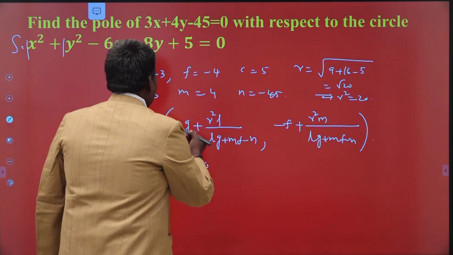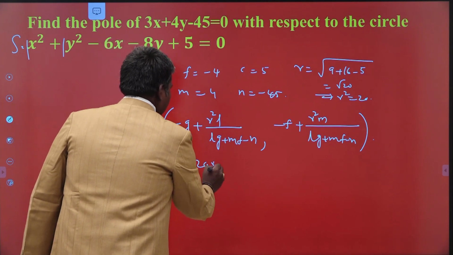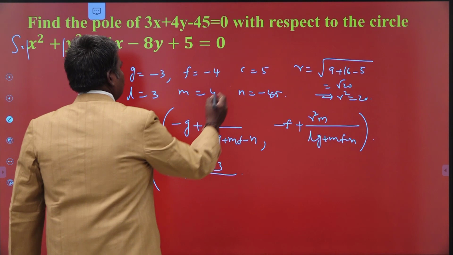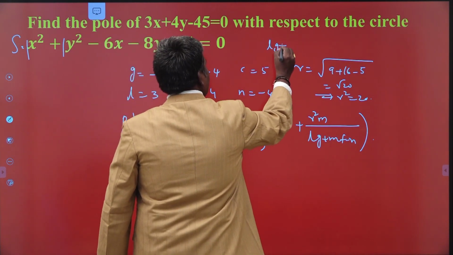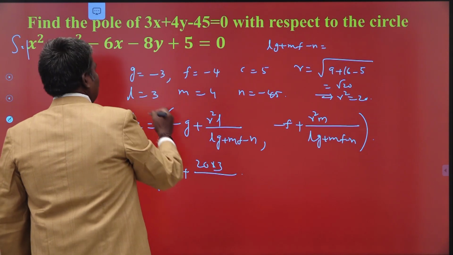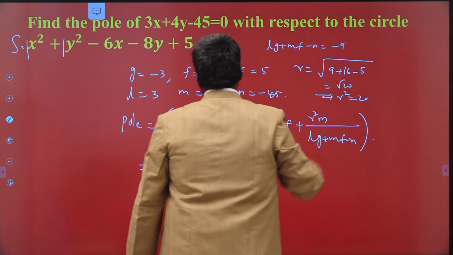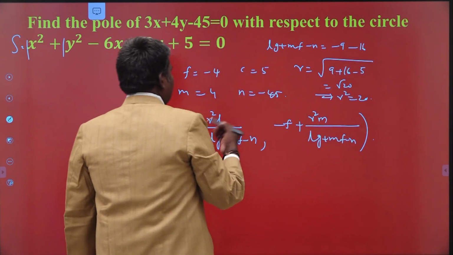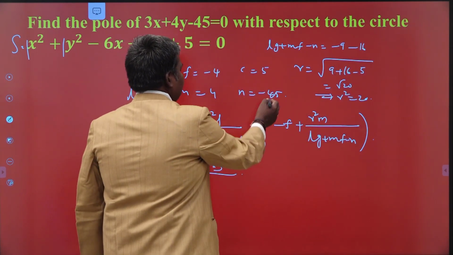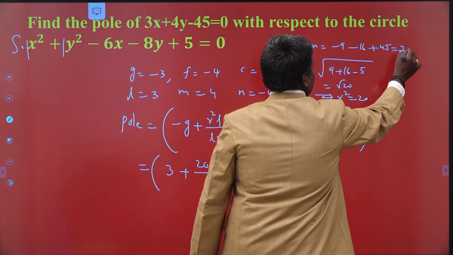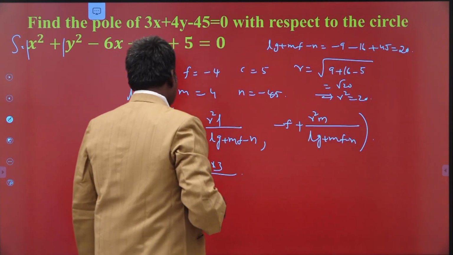L is 3. But you have to find out Lg plus mf minus n also. What is the value? Lg, that is minus 9 here. mf, that is minus 16. Next, minus n. Here n is minus 45, minus of minus, plus 45. That is plus 20, by 20.